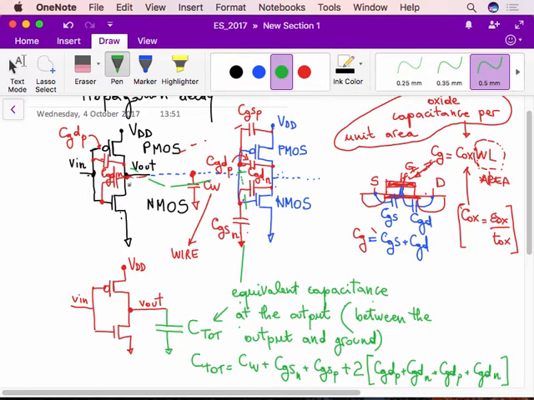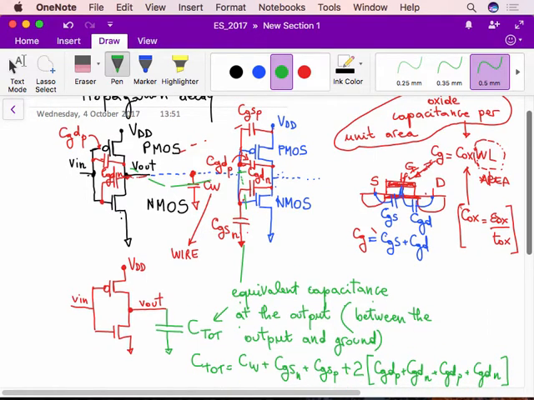And the reason is quite simple: when you have a capacitance between the output and ground, one node varies between VDD and 0, but the other stays at 0. When you have a capacitance between gate and drain, when the first node goes between VDD and 0, the second node goes between 0 and VDD. So you have twice the voltage variation on the capacitance, and therefore you have twice the charge variation. So basically, the same capacitance counts as twice the one between the output and ground. Okay, that is a simple explanation.